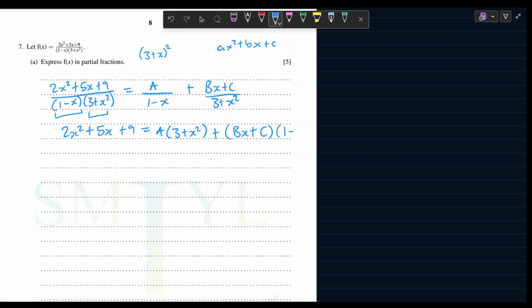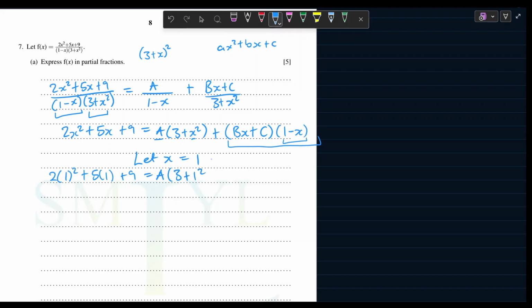times 1 minus x. And for starters, we could say let x equal 1, because I know that that would make this bracket 0. So it would make this term here equal to 0, allowing us to evaluate a. So if x is 1, that's 2 times 1 squared plus 5 times 1 plus 9 is equal to a times 3 plus 1 squared.